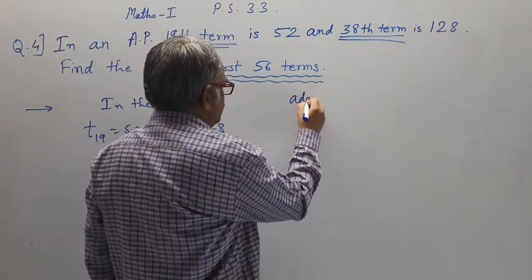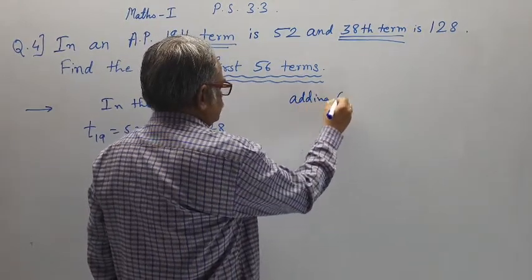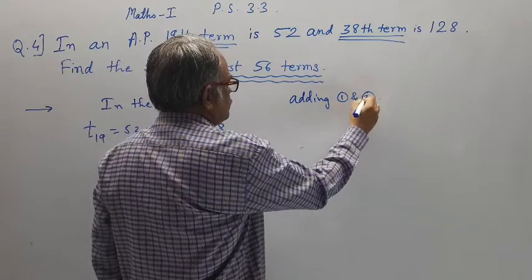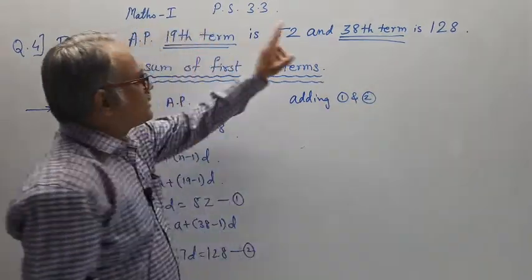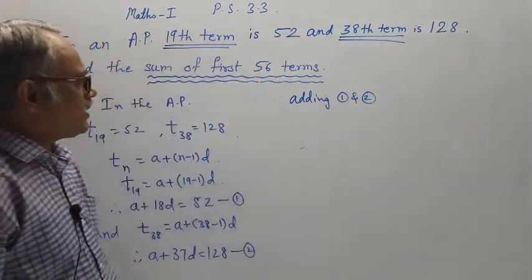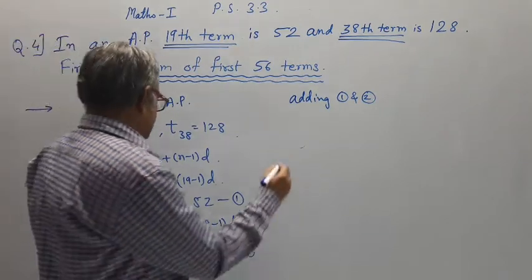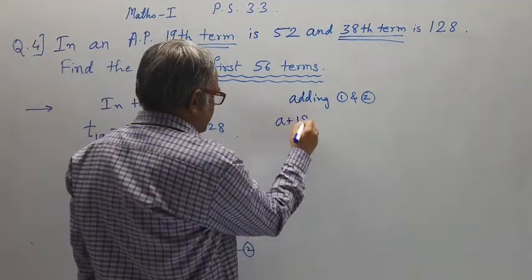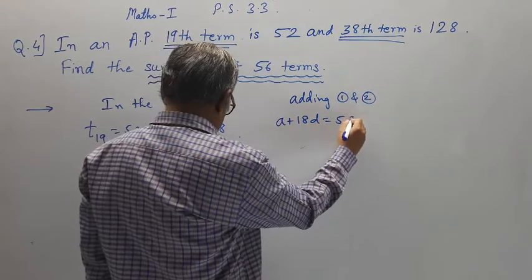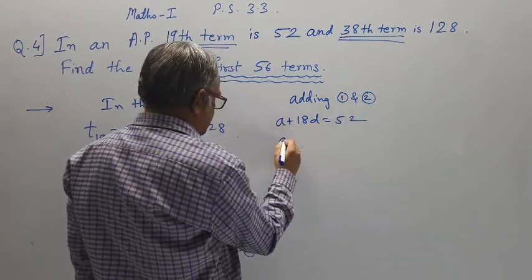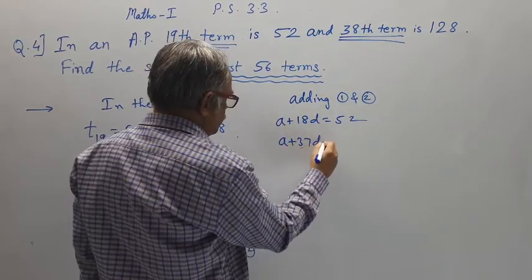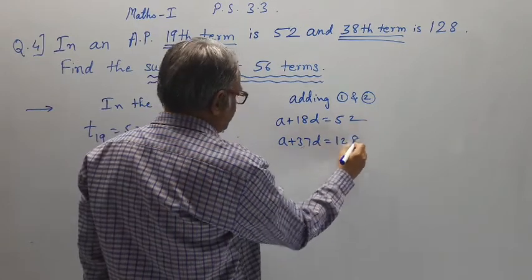Adding 1 and 2. This method we use only when Tx, Ty is given and x plus y minus 1 is asked. A plus 18D equal to 52. A plus 37D equal to 128.